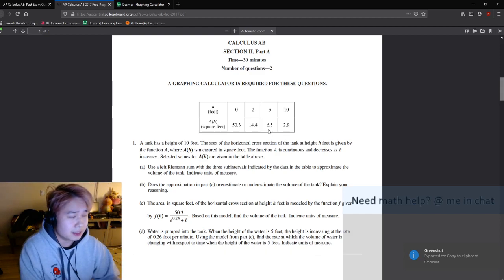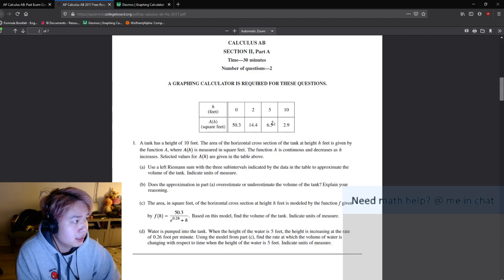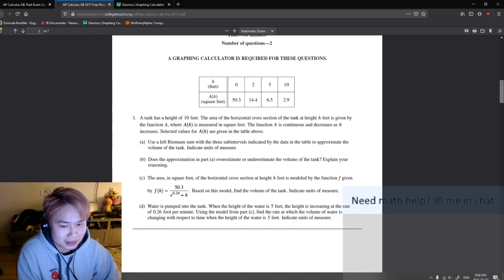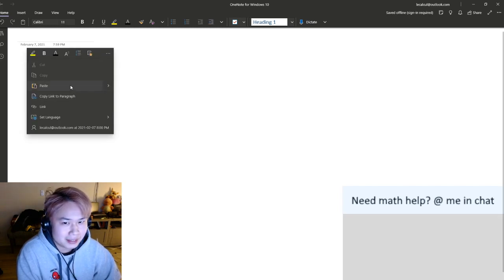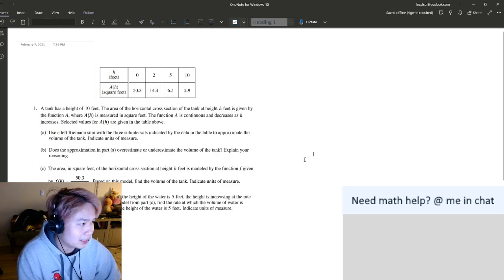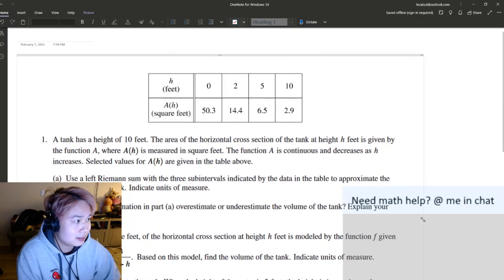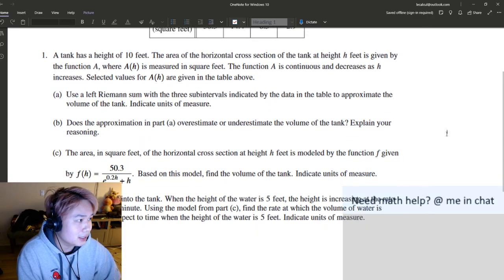I want to see if that pattern is true. The first question for the last two papers were about rates. I mean, I guess all of calculus is rates, but the first one was about some escalator thing, and I forgot what the second one was. But let's see.